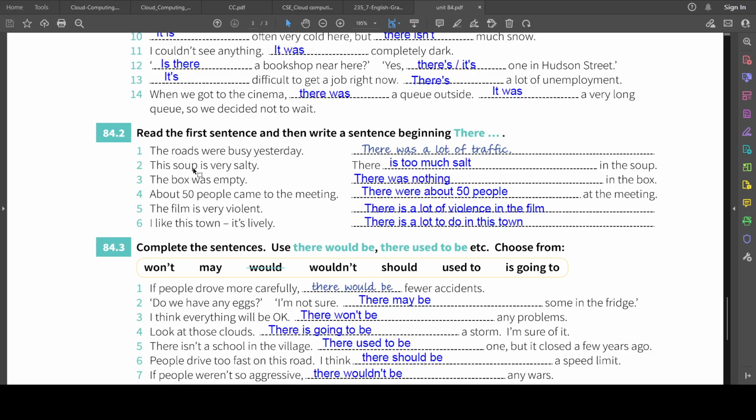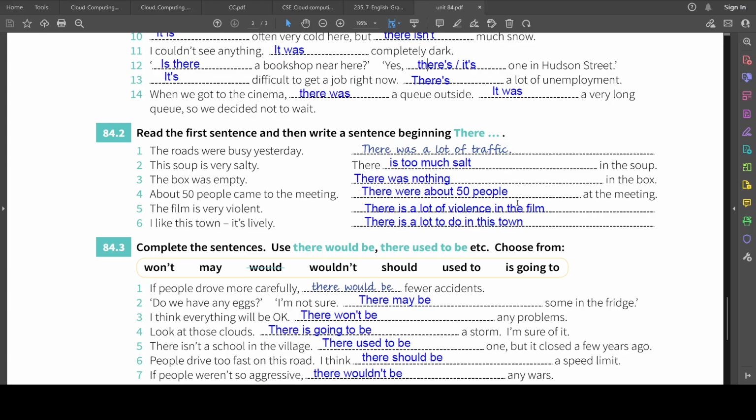It's an object. The box is a thing. The film is a specific thing. We're talking about the things. I like this town. It's lively. Check it out. We're using "it" because we are referring to the object, in this case, this town, right?